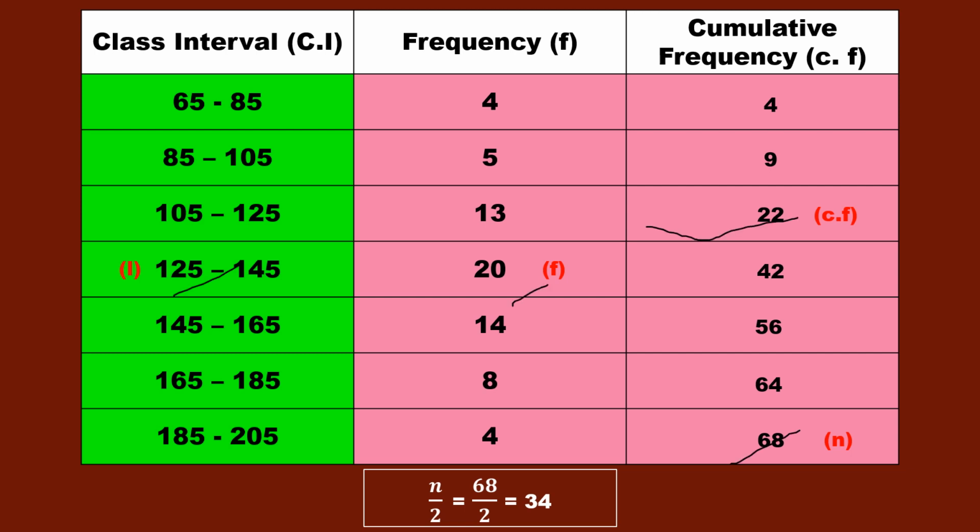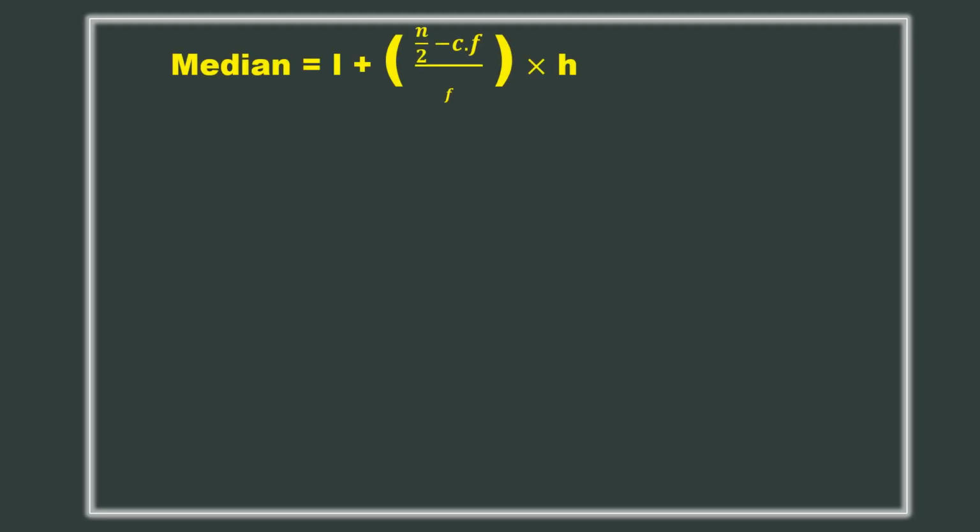Now take all these values and substitute them in your formula. Median equals L plus N by 2 minus CF by F into H. Let us take all the values from the table. The median class is 125 to 145, where 125 is your L. N by 2 is 34.